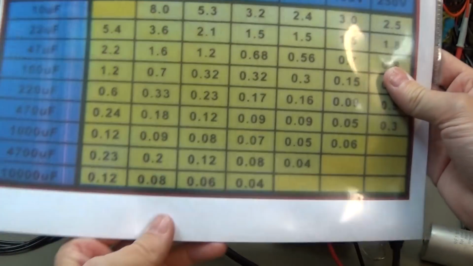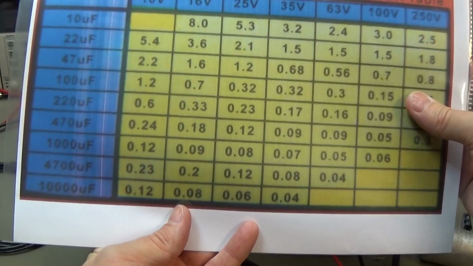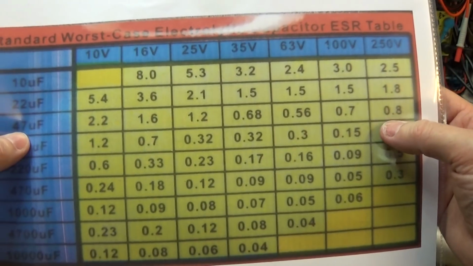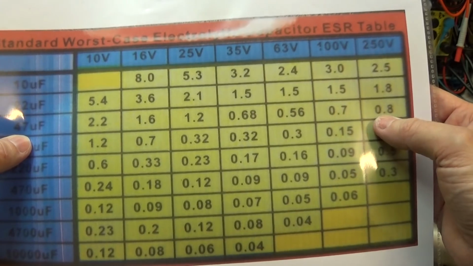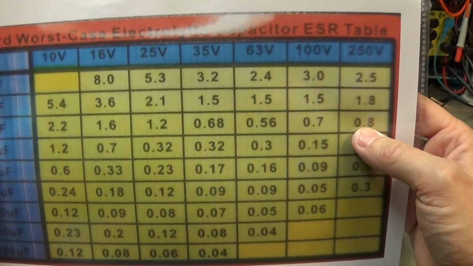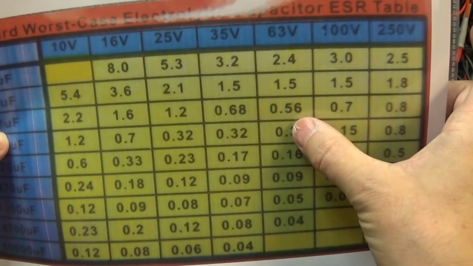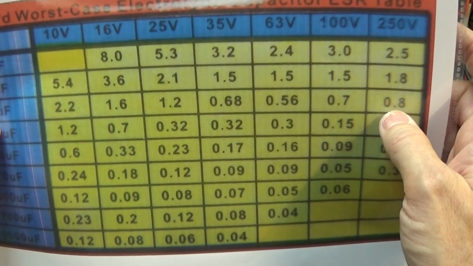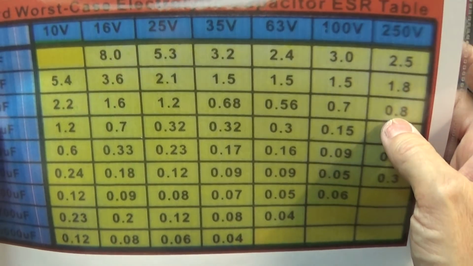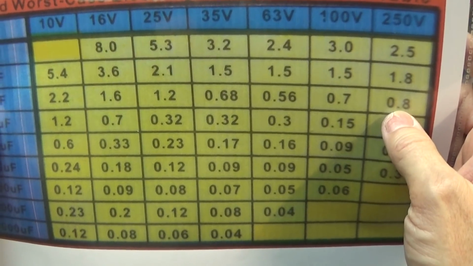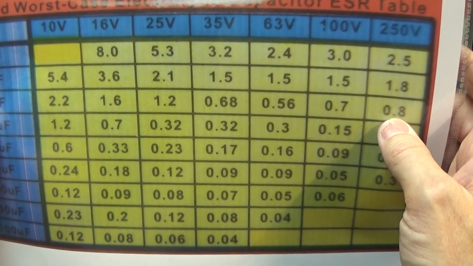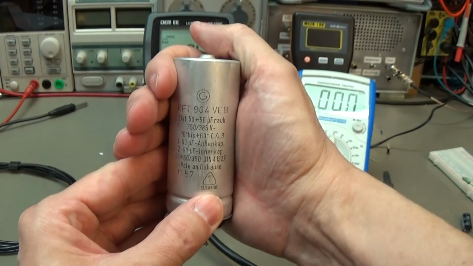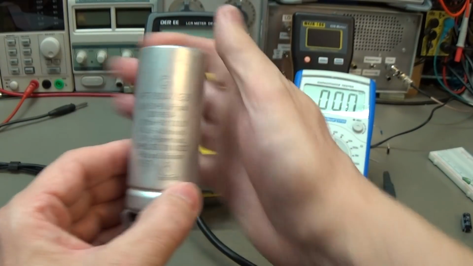Going back to our table, it is 50 microfarad, and this one only goes to 250 volt, and you see with a higher voltage the allowed ESR goes up. So we are far below 0.8 ohm, right? And that means we would consider this capacitor as healthy.